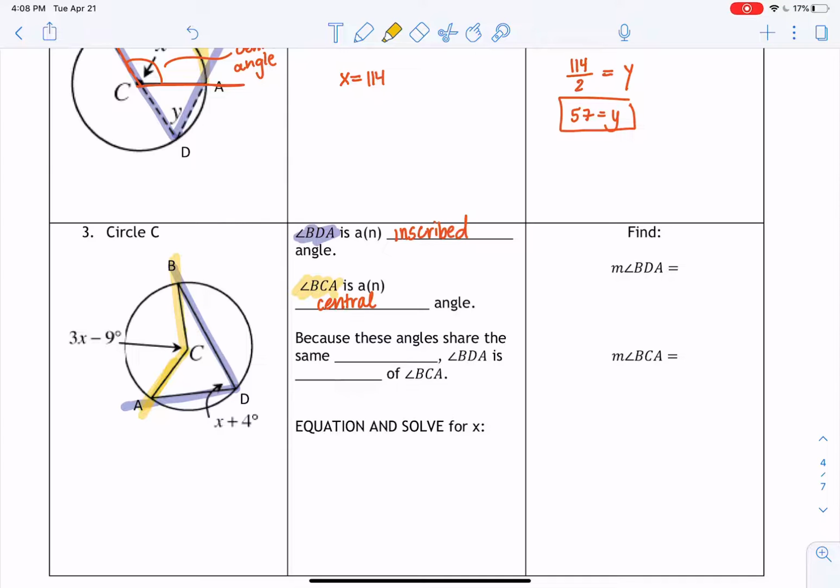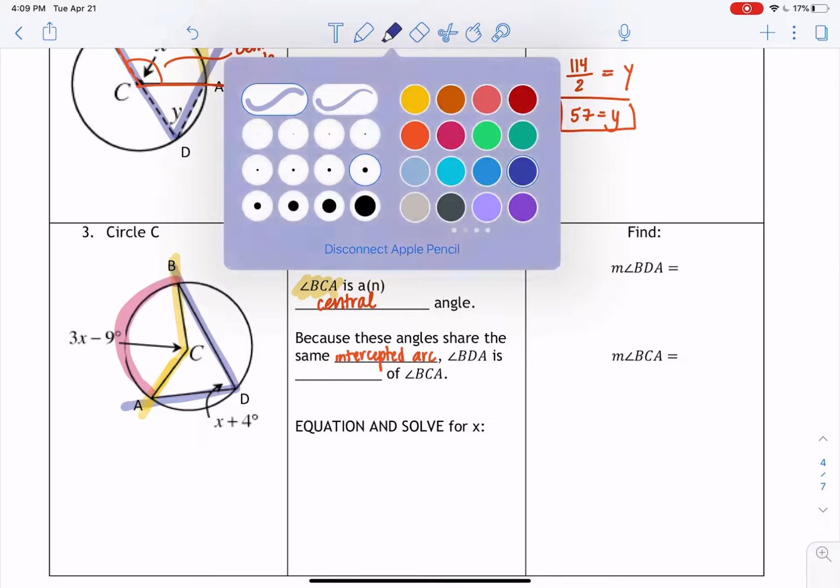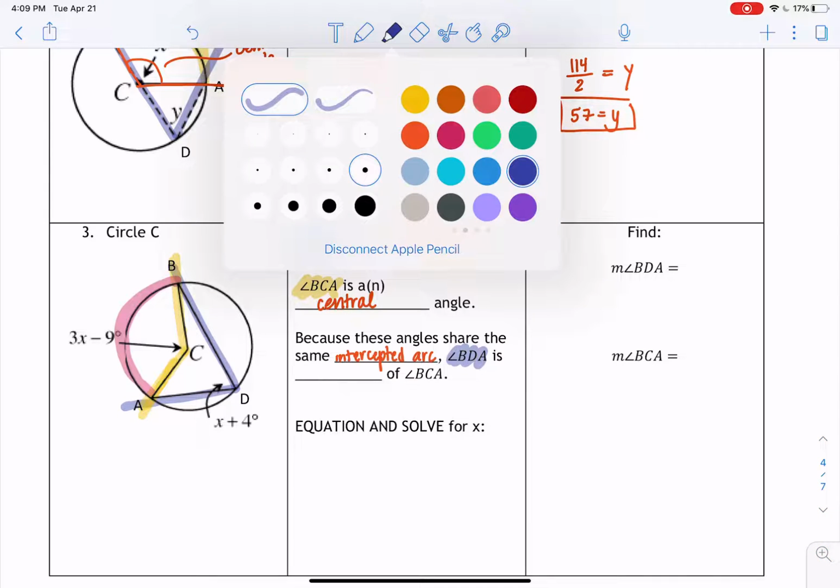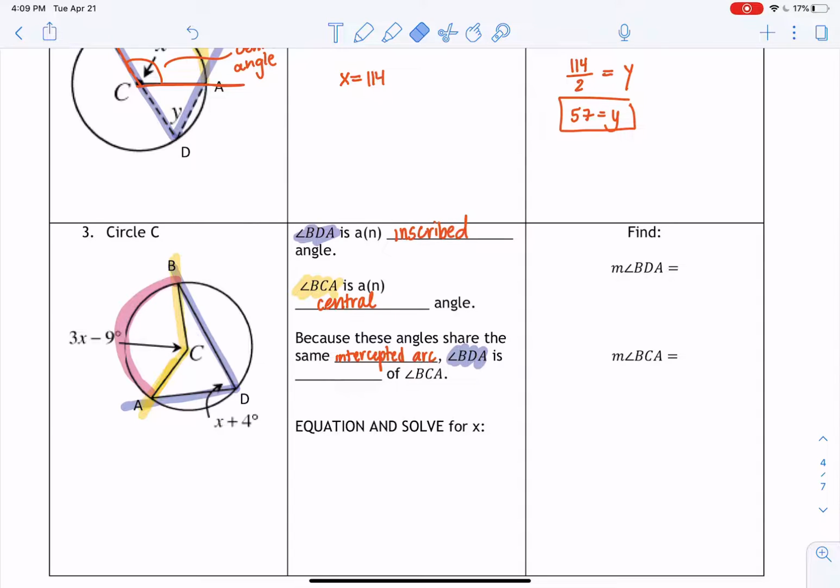Because these angles share the same intercepted arc, angle BDA, the smaller one, our inscribed angle, is half of BCA. It's not equal, it's going to be smaller. So when we do BDA, we have to multiply this inscribed angle by 2 to get the central angle.